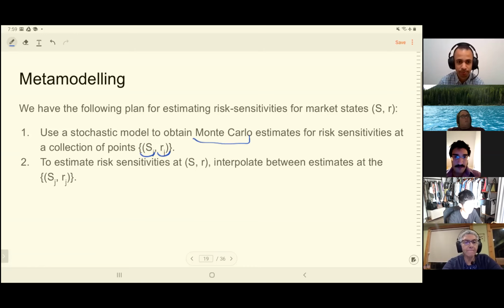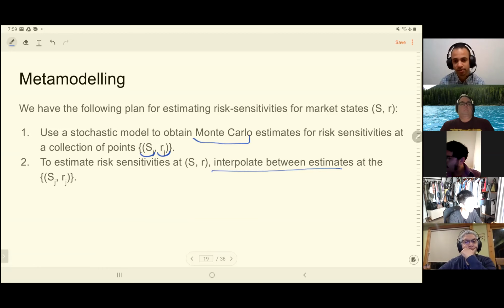If the market doesn't land precisely on one of those states, we'll interpolate between the estimates to figure out roughly what the risk sensitivities are at some points S and R. This is called a meta model because we have a stochastic model producing these Monte Carlo estimates, and then we do interpolation on top of that with another model.